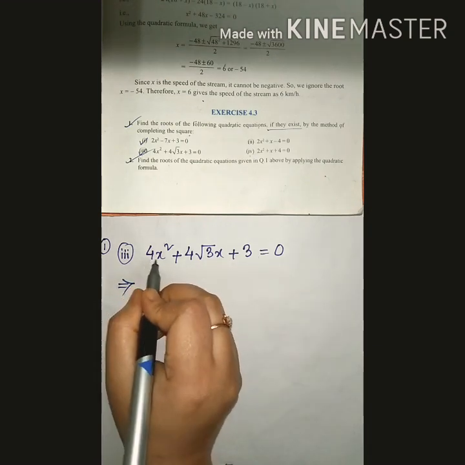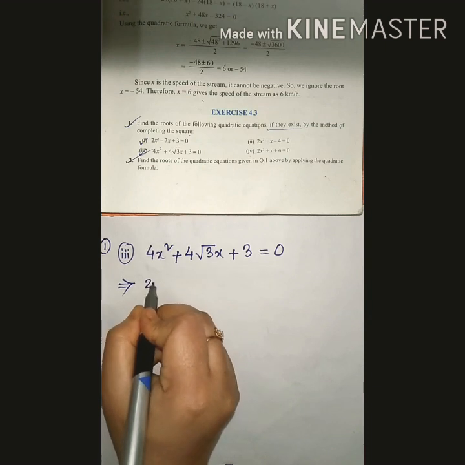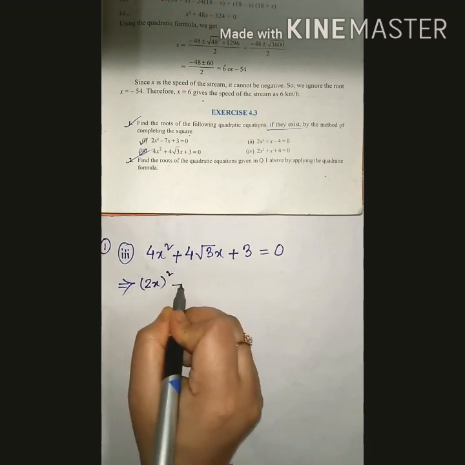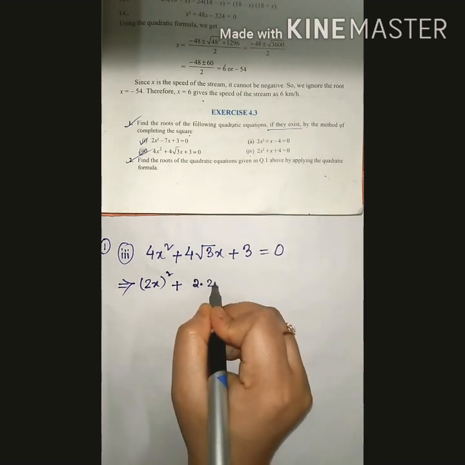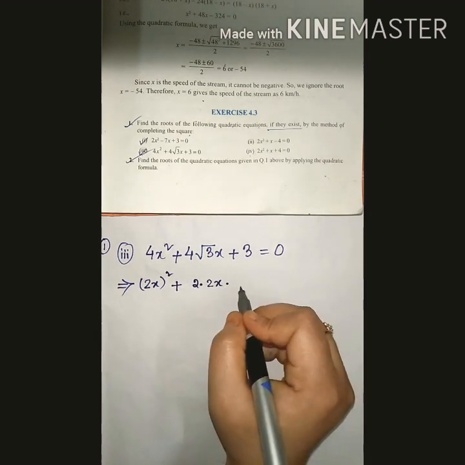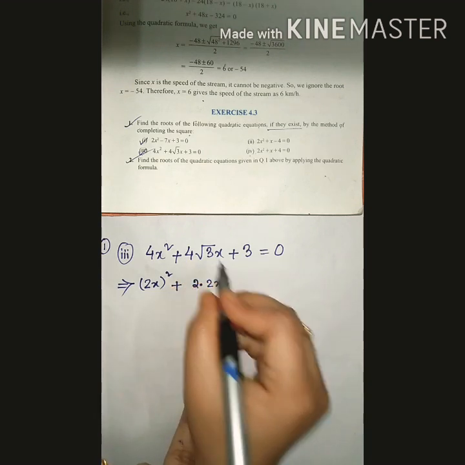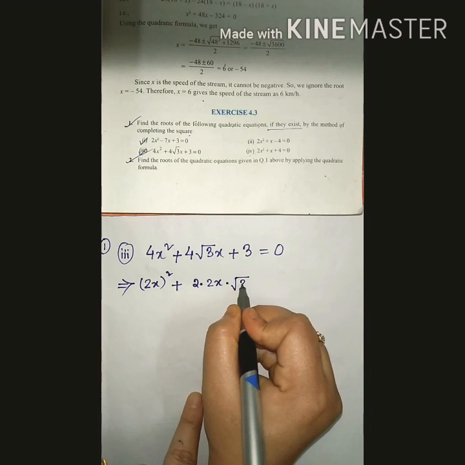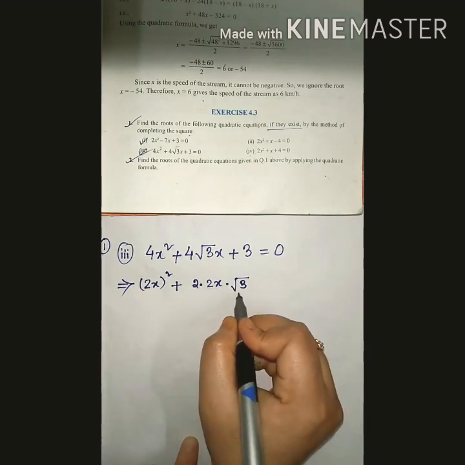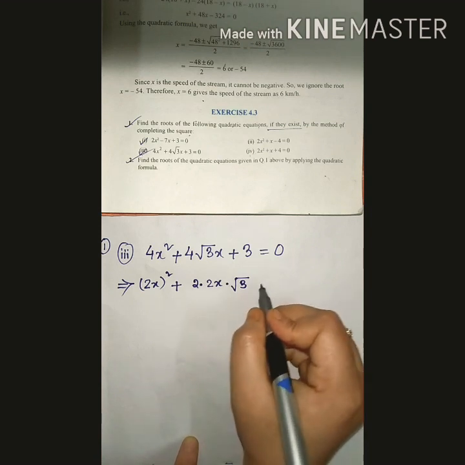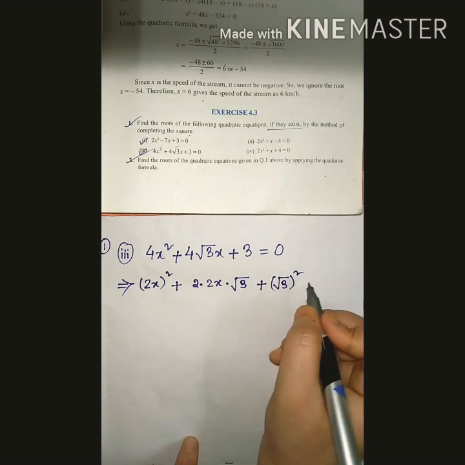We can write it directly as (2x)². So (2x)² + 2 into this one a into what we should multiply here? 4x. So we should multiply it into √3. That means this is our a, this one is our b. So b is what? (√3)².